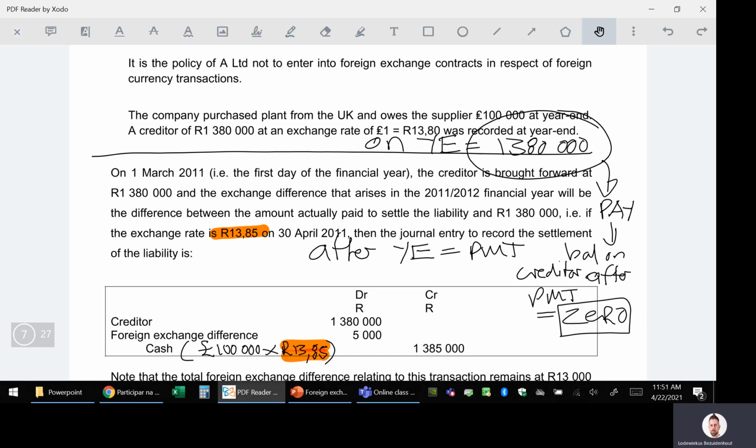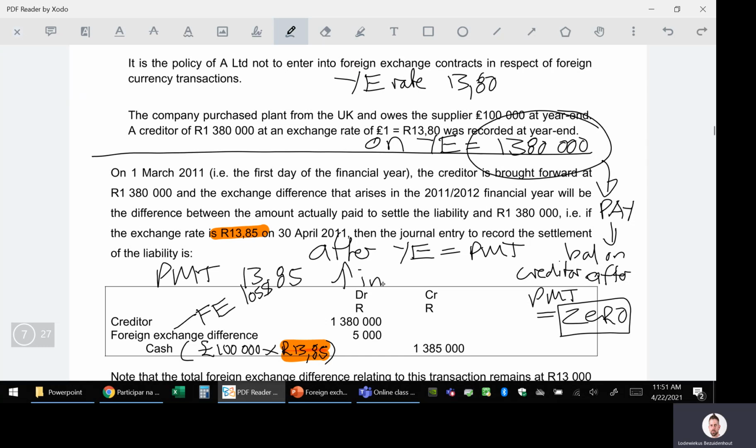And because we paid more than the creditor balance, we would have a foreign exchange loss of 5,000. Where does this loss come from? The year-end rate was 13.80. The payment rate was 13.85.